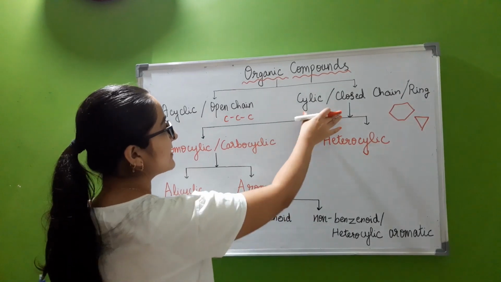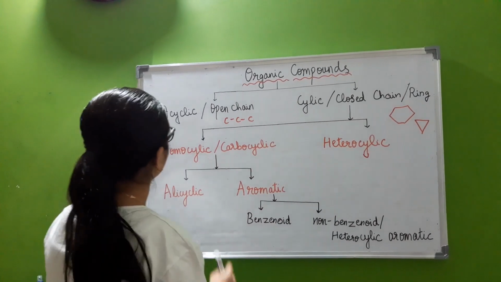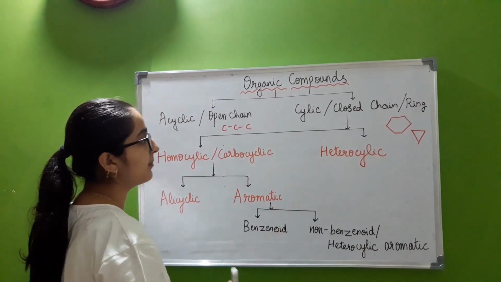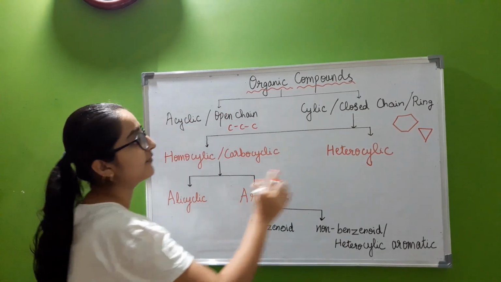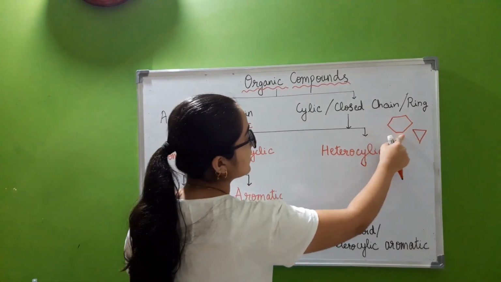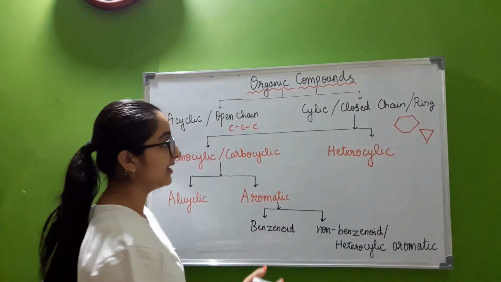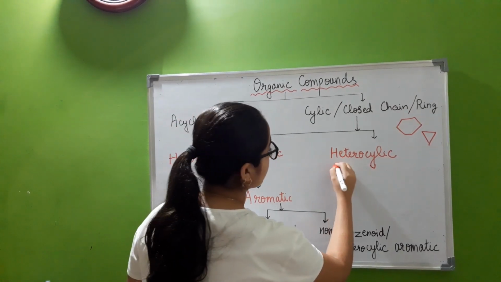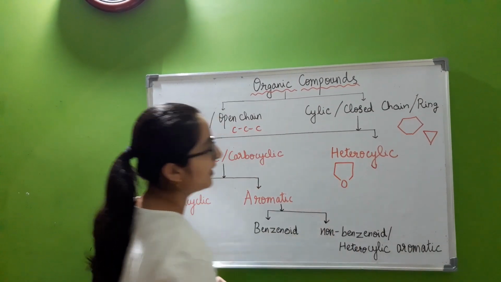These are the examples of cyclic or closed chain-like structures. Now, even the cyclic structures are divided into two different categories. One is homocyclic and the other one is heterocyclic, based on the type of atoms that are present in here. If all the atoms present here are of the same element, that is carbon, they are said to be homocyclic. But if one of them is a different one, it's known as heterocyclic.